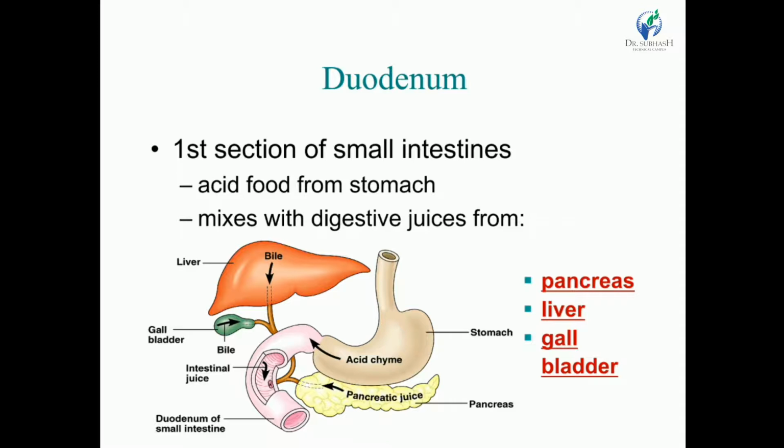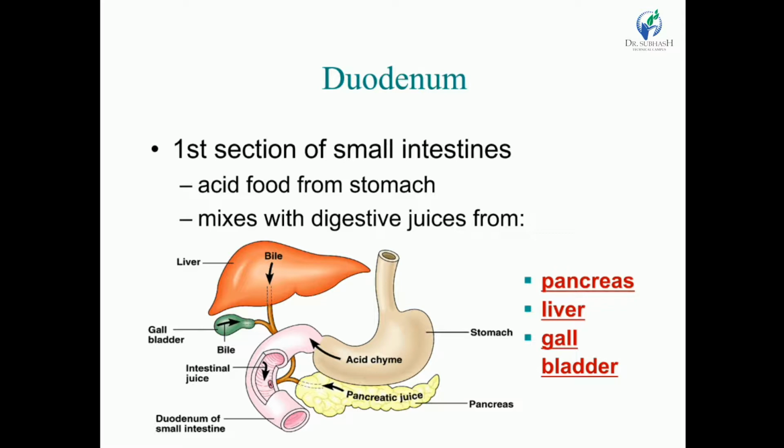Now here what will happen, as you can see in the diagram, the duodenum has an opening for the bile duct, and this bile duct will carry bile juices. Bile is formed in the liver and further concentrated in the gallbladder, and these two may have a common opening through the bile carrying duct, which is further joined by the pancreatic juices, and these three have a common opening into the intestine where it is released.